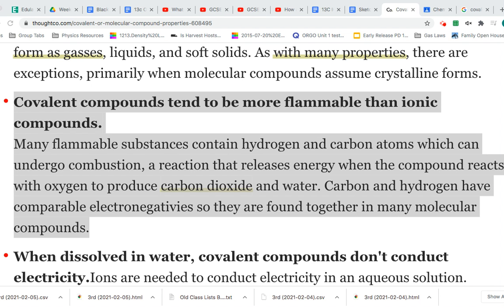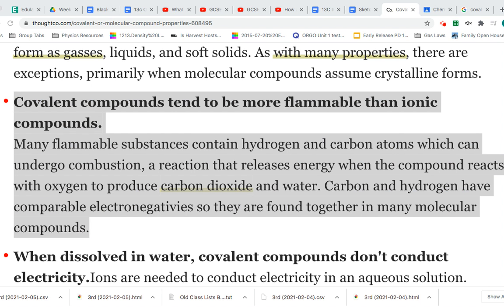If not Valeria, then I'm going to Kaylee. Kaylee, can you read the highlighted passage? Okay.